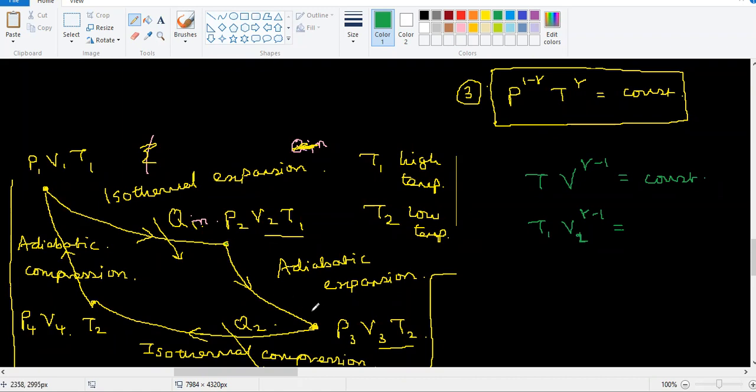I'm moving from this point to this point. Very important, please pay attention. I'm starting from here with T1 V2 power gamma minus 1, and I'm coming here by adiabatic expansion to the temperature T2, so that means T2 and then volume V3.